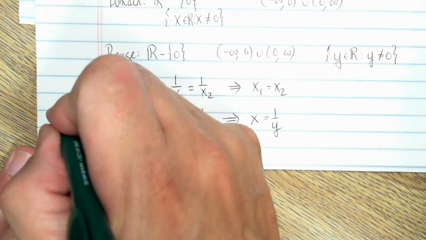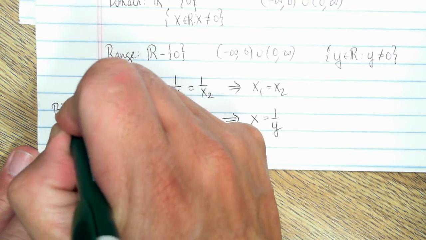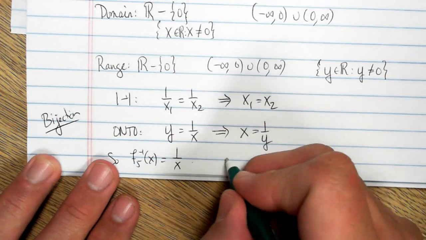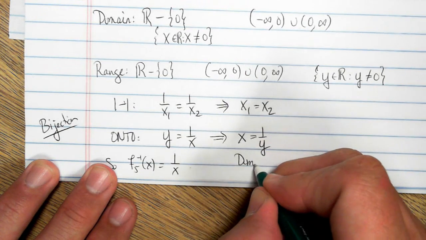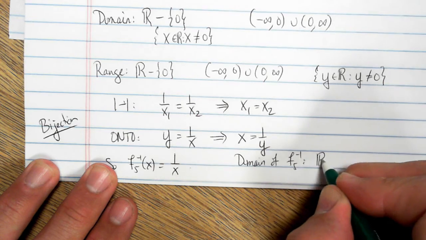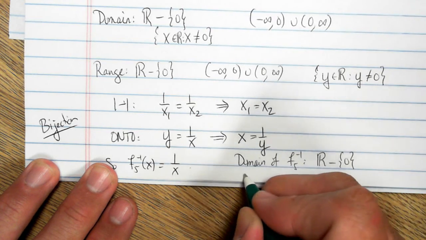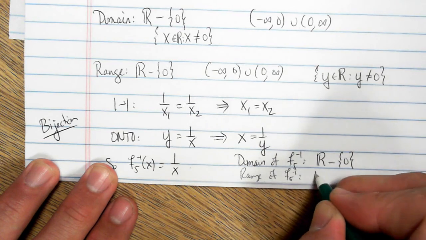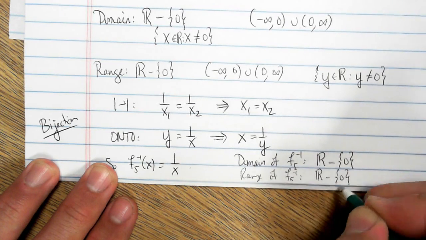This is 1-to-1 and onto, so this one is a bijection, and its inverse function is itself. And the domain of f5 inverse is going to be the range of the original function, and the range of the inverse will be the domain of the original function.